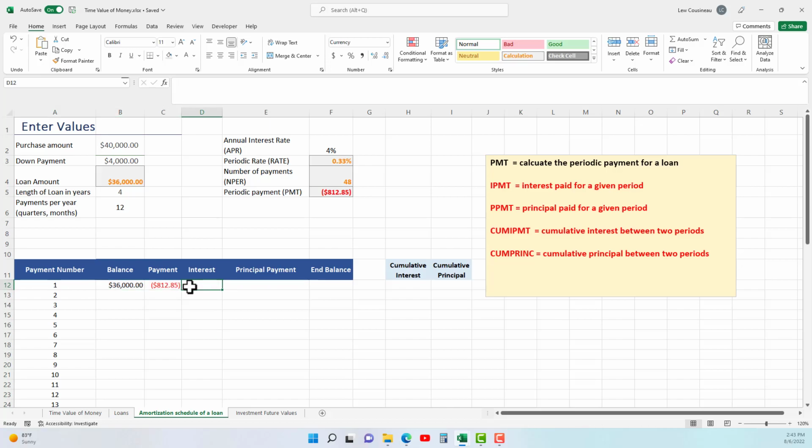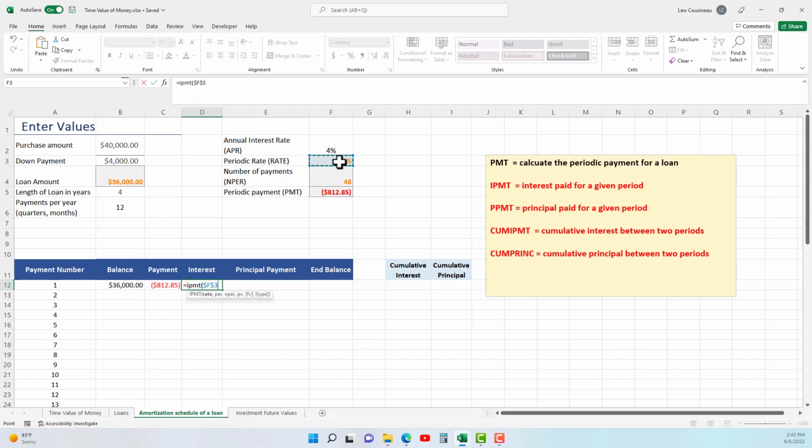What is the interest that is accrued in the first month? There's a function for that. There's several ways to calculate this. We're going to use the function that Excel has developed for this called IPMT, which will calculate the interest for that period. Now, what it wants to know is the parameters of the loan, and then what period are we talking about. So the parameters of the loan are, there's our rate.